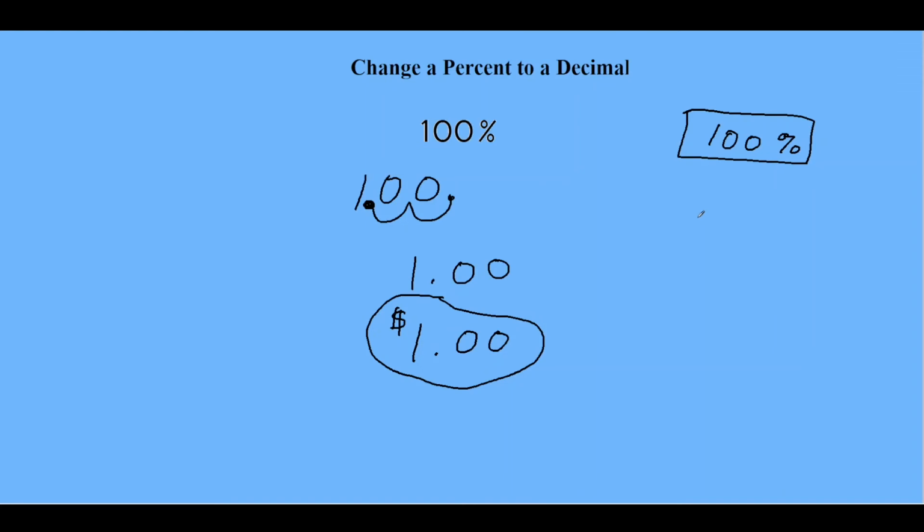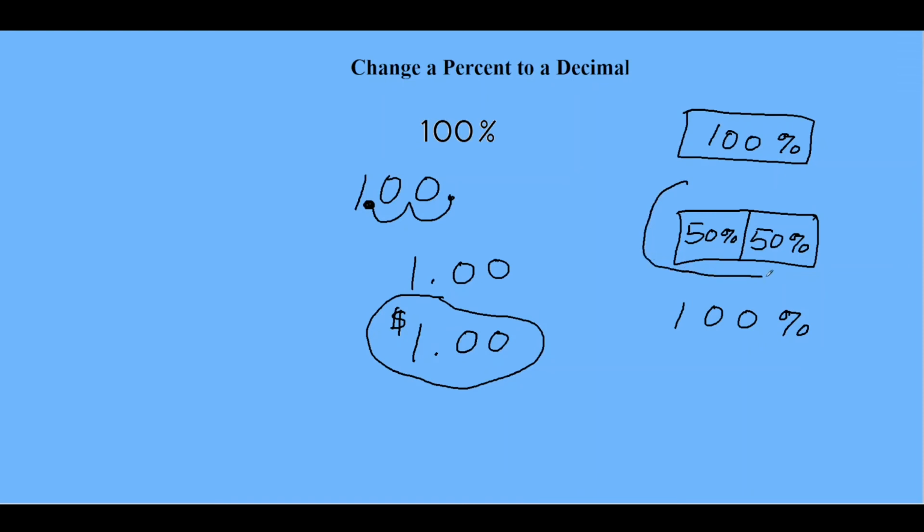If I break it into parts, suppose I break it into 2 pieces. Now it's not going to be perfect, but it'll be good enough for our example. So I have 50% over here, and you guessed it, I have 50% over here. So the 100% has been broken into smaller pieces. In this case, 50% each.